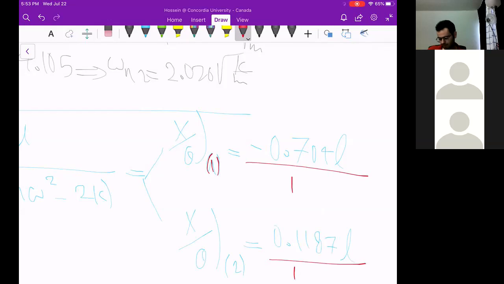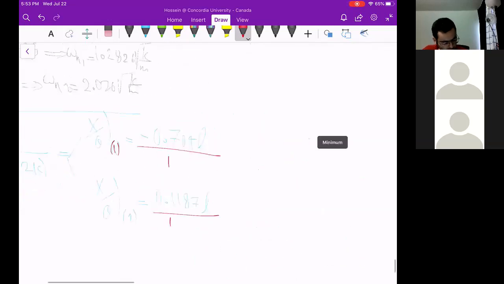So the rest is easy. We just come up with basically natural frequency and mode shape. So you could write it like this. It's okay.